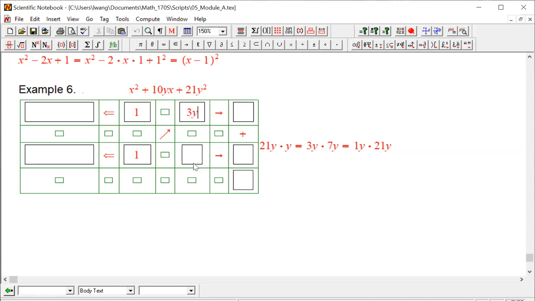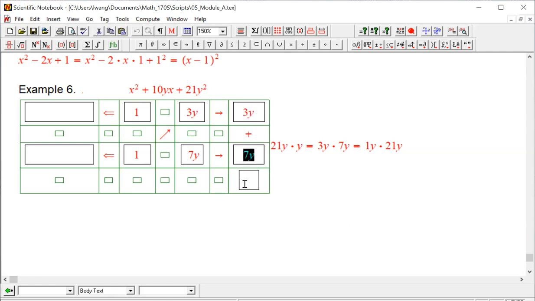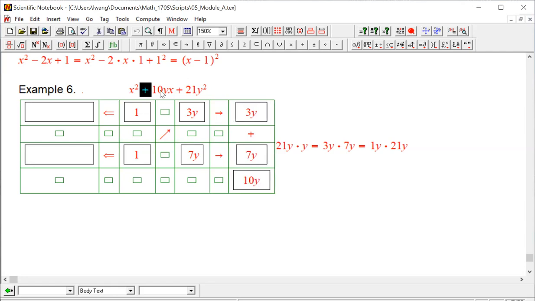So 3y, 7y, right? So 21y squared is 3y times 7y. So when we cross multiply, 1 times 3y is 3y. 1 times 7y is 7y. And 3y plus 7y equals 10y. 10y is exactly the perfect match. So we got our factors.